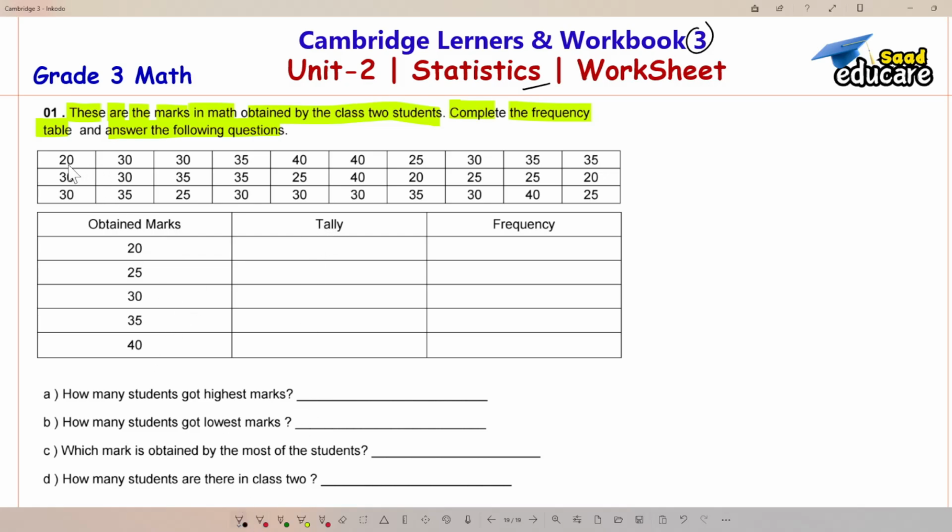So first here is 20, so this is the 20 row, we will mark 1. Then 30, we will mark here 30, again 30, so here is 30. 35, here is 35. 40, here is 40, again 40, so here is 40. 25, here is 25.